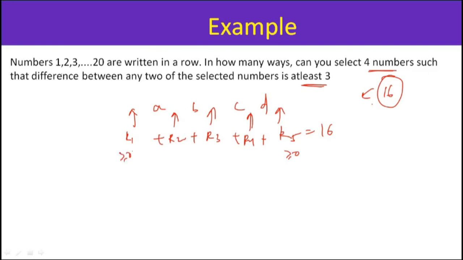Can anyone tell me, if the difference between any two of the selected numbers is at least 3, then what is K2? Greater than or equal to 2? Let's see. See, difference between any two of the selected numbers is at least 3, right?